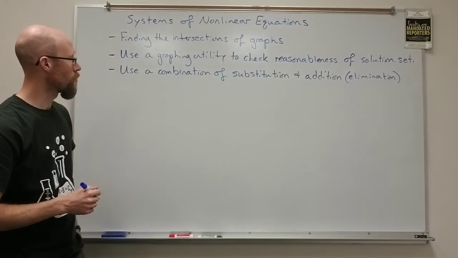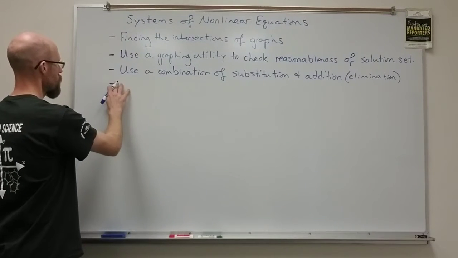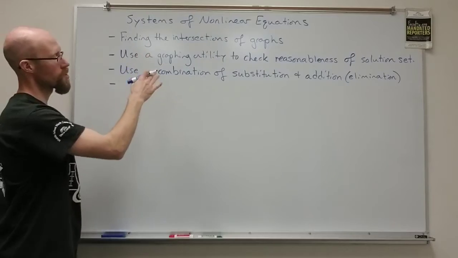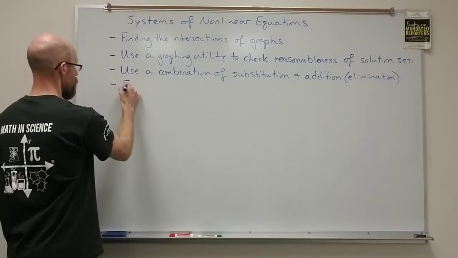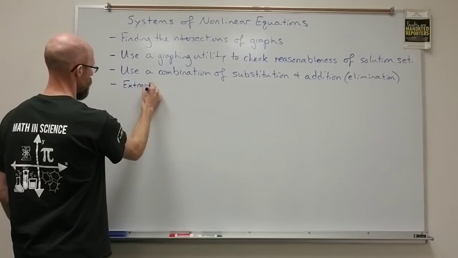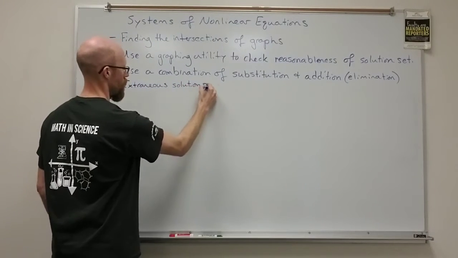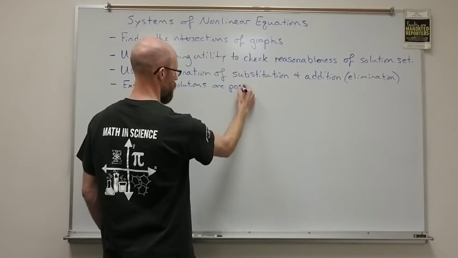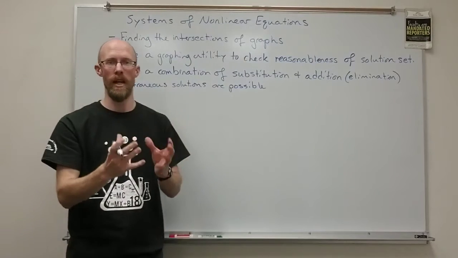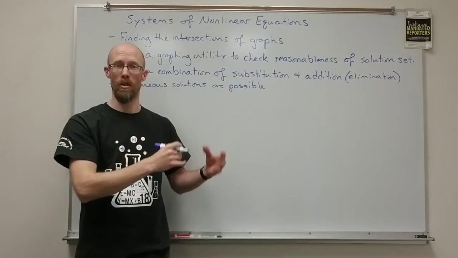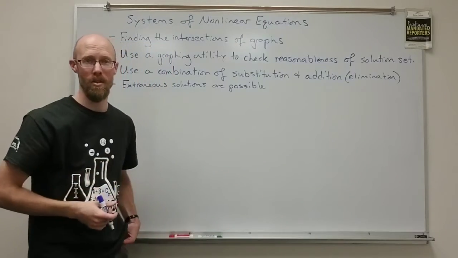Another thing that I wanted to point out is that sometimes in solving nonlinear systems, you may end up with some extraneous solutions. Remember, extraneous solutions are just, you get to the end, you get an answer, and it actually doesn't work in the original problem. That is a possibility with nonlinear systems.